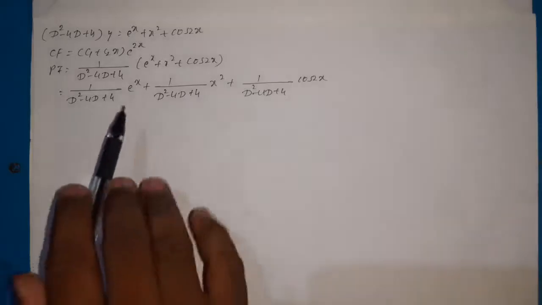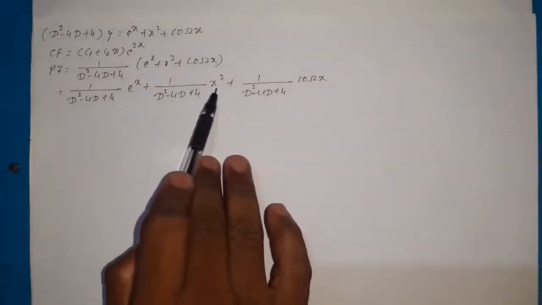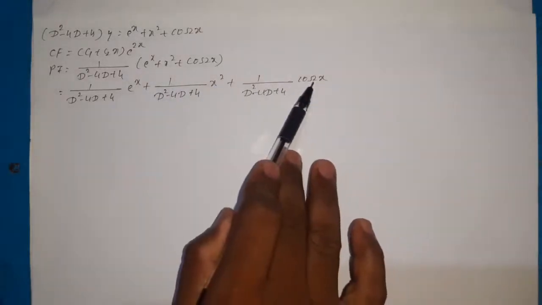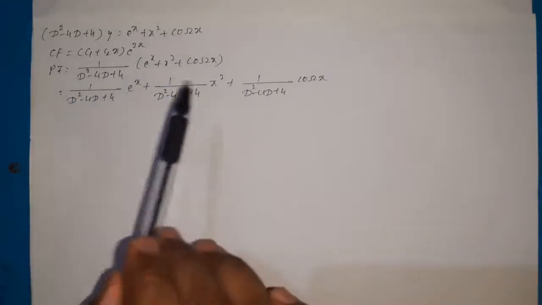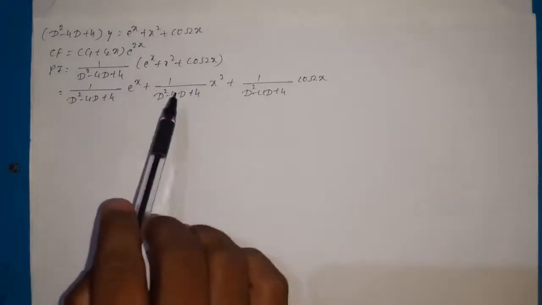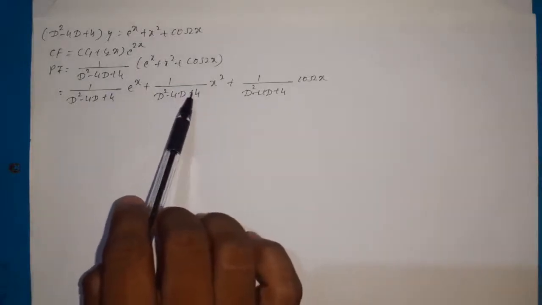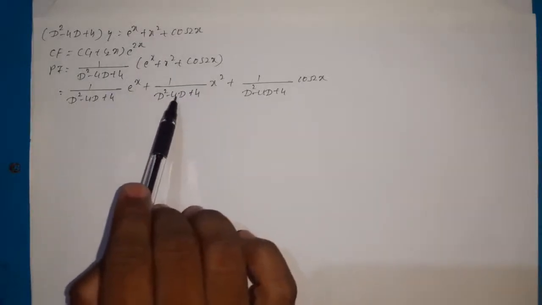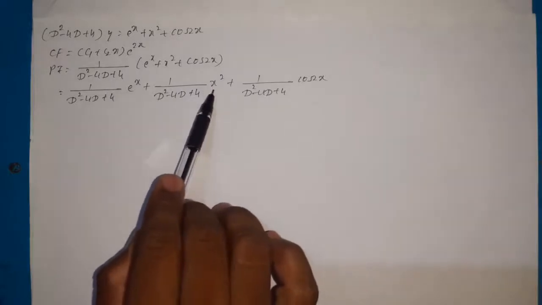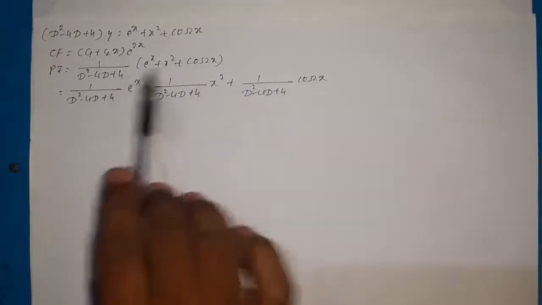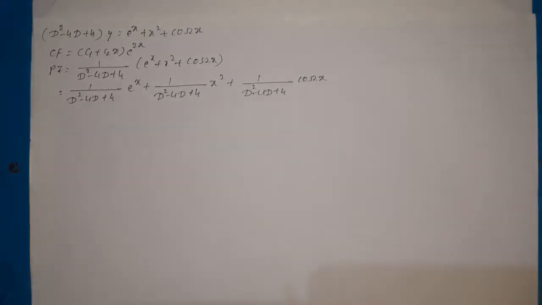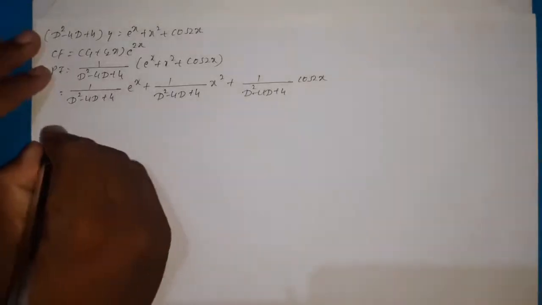Now the functions are e power x, x square and cos 2x. In these three functions I am solving the particular integral only for the second one, that is 1 divided by D square minus 4D plus 4 of x square, and the remaining two can be solved by you.